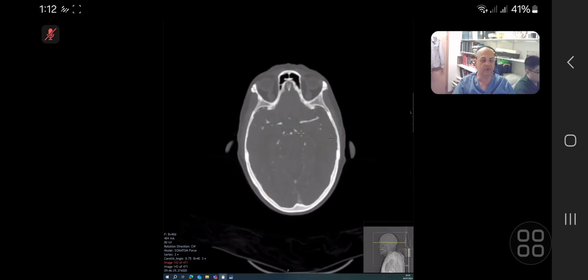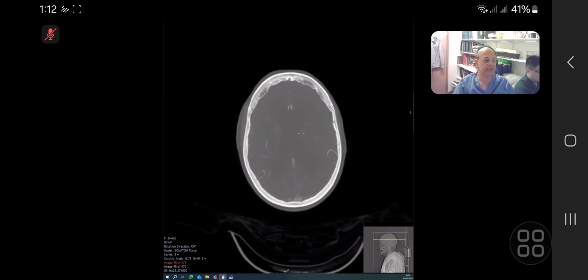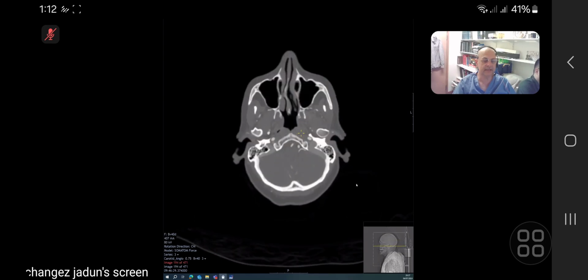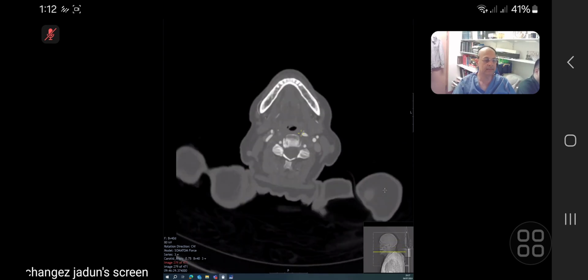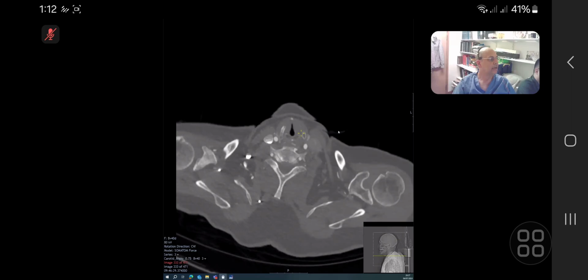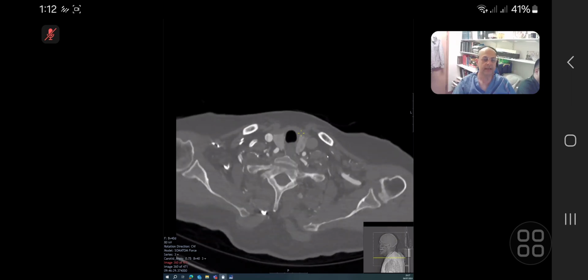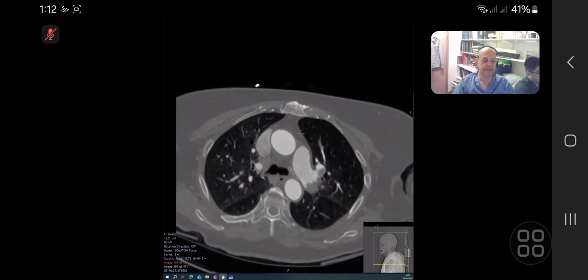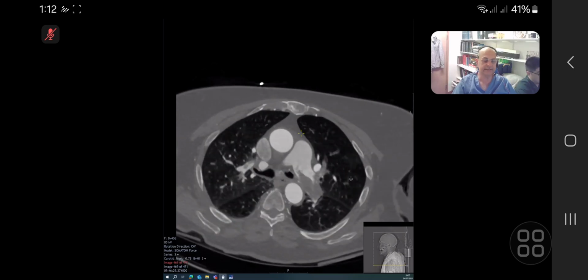We could not see an M1 thrombus, and given such a large thrombus, this patient was considered unfit for any intervention of any sort, and this patient later on died. So the moral of the story is always look at other parts of the brain and the neck whenever you are looking at the CTAs.